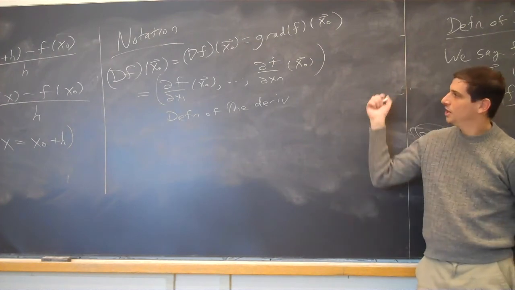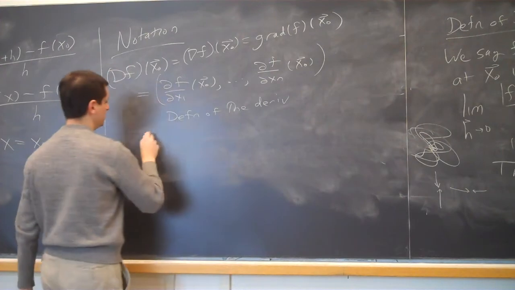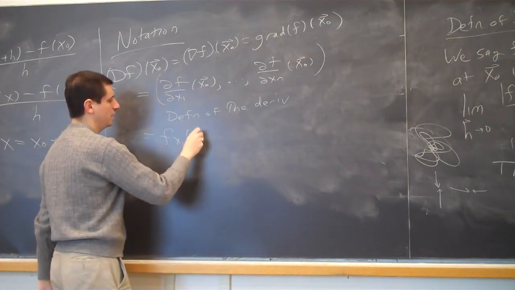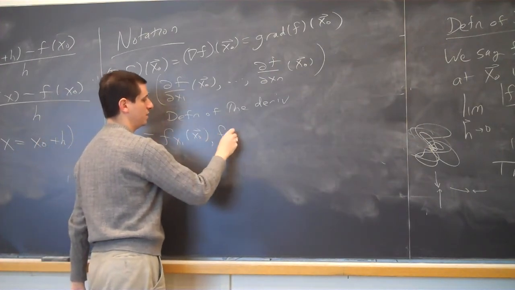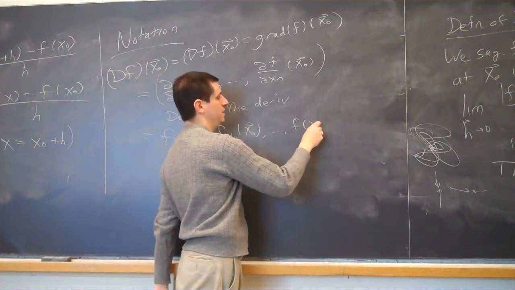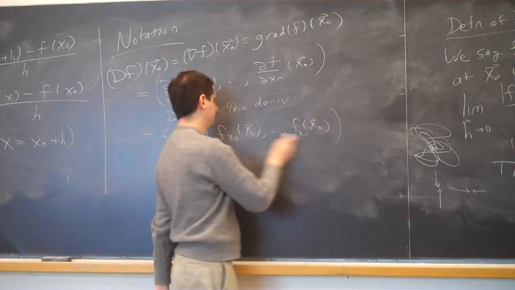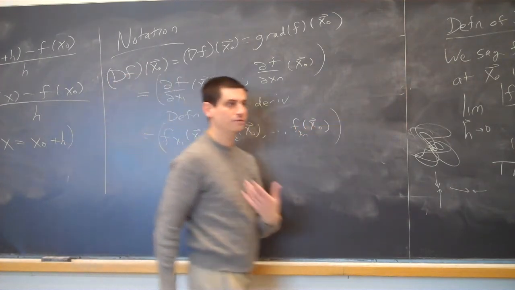Okay? These are all different ways of writing it. Another way of writing it is f sub x1 at x naught, f sub x2 at x naught, dot, dot, dot, f sub xn at x naught. This is another way of writing it.